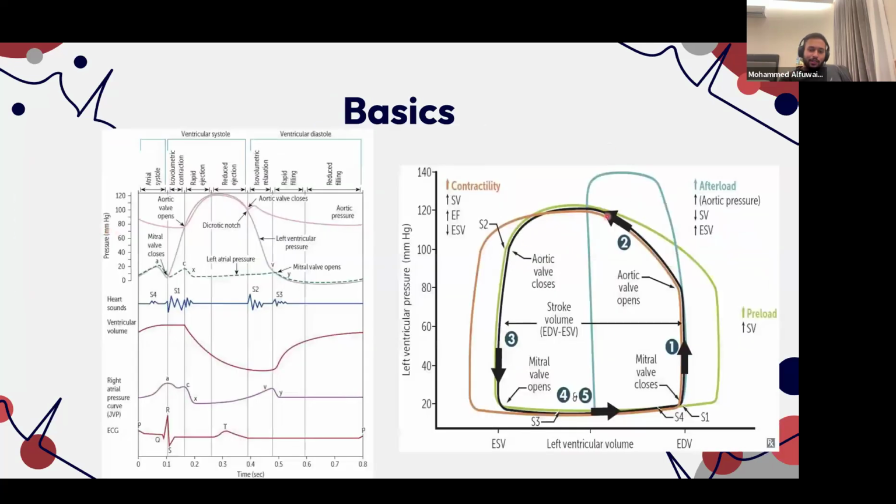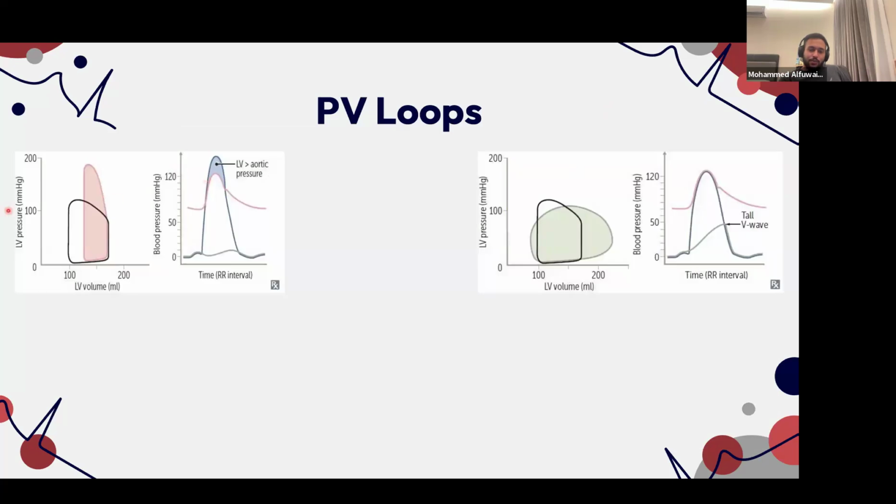So you'll have increased afterload, which is basically the heart now has to pump harder to overcome the high aortic pressure because of the aortic stenosis. So the ventricular pressure has to go way higher than the aortic pressure to overcome the aortic stenosis. So the afterload is characteristically very high.